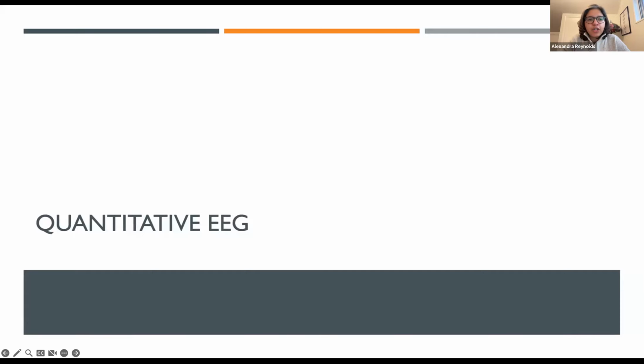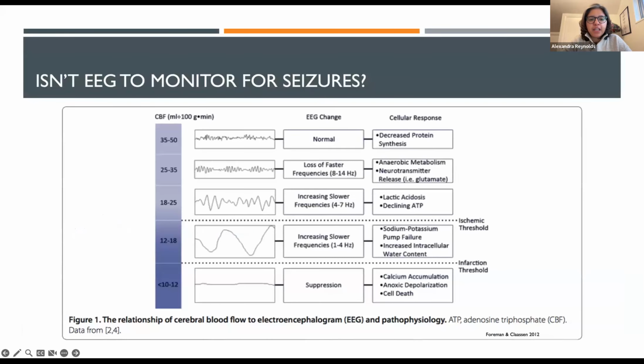And then I just briefly want to talk about quantitative EEG, because I think we sometimes forget that EEG can be used for things other than looking for seizures. Remember that EEG is really just telling you about the function of neurons. And so as your cerebral blood flow drops, you start to see first loss of faster frequencies as you transition into anaerobic metabolism.